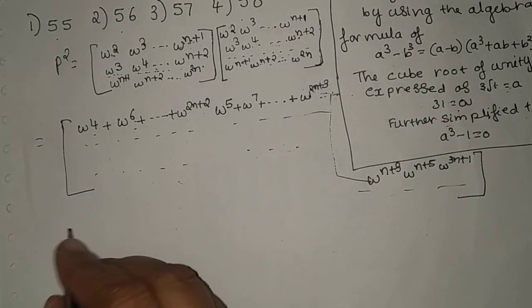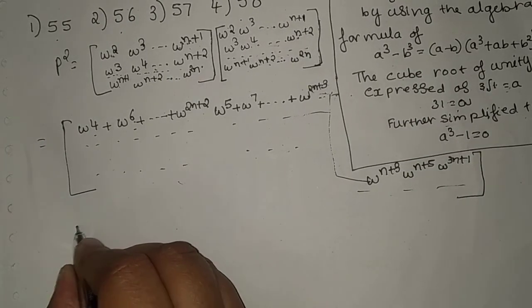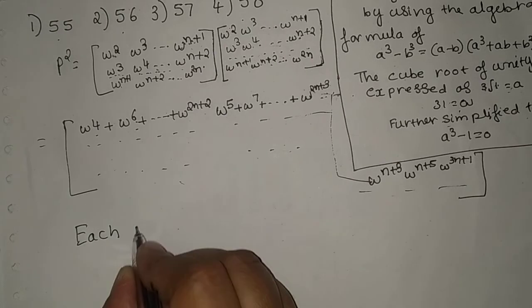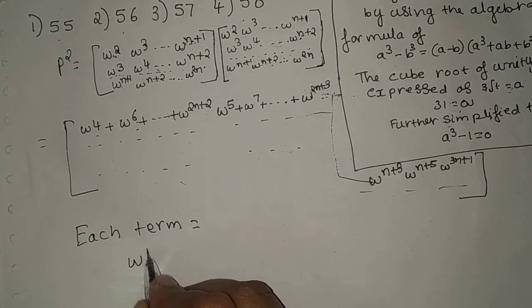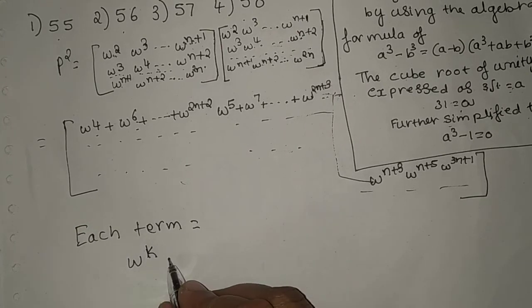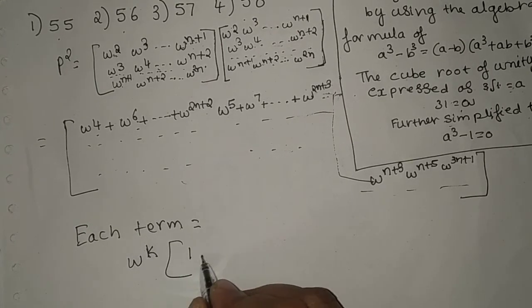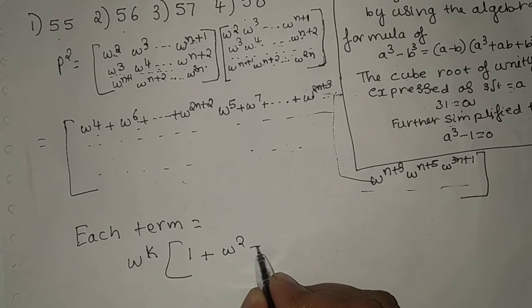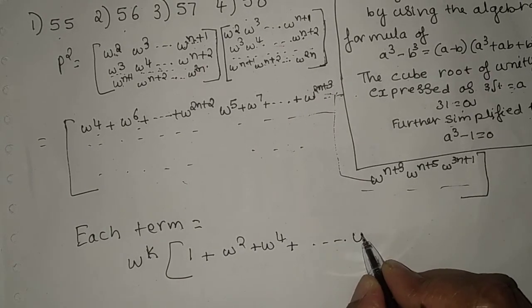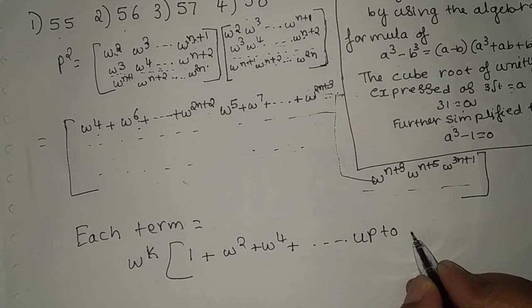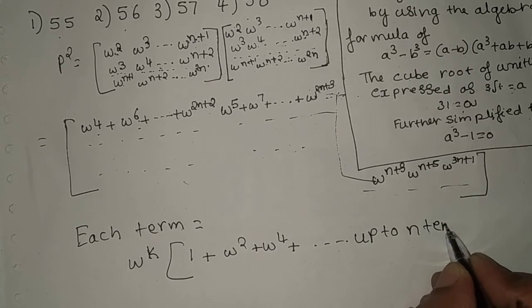Next we'll continue. After this, each term we can write as w to the power of k, which we can write as 1 plus w square plus w to the power of 4, and so on up to n terms.